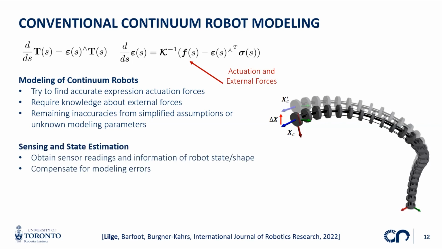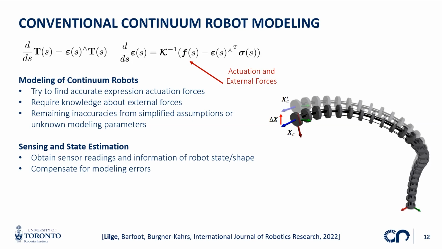So that's where sensing and state estimation comes in. The idea now is to have additional sensors on my continuum robot body and obtain sensor readings and information about the robot state and shape, and then use this sensor information to compensate for any of those modeling errors that I have in my structure.